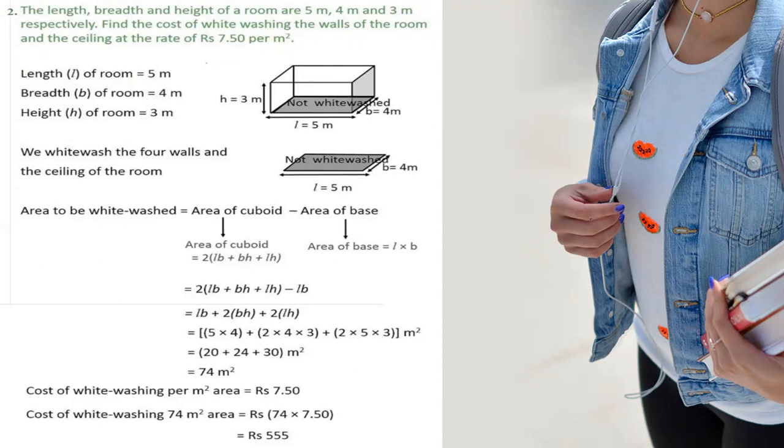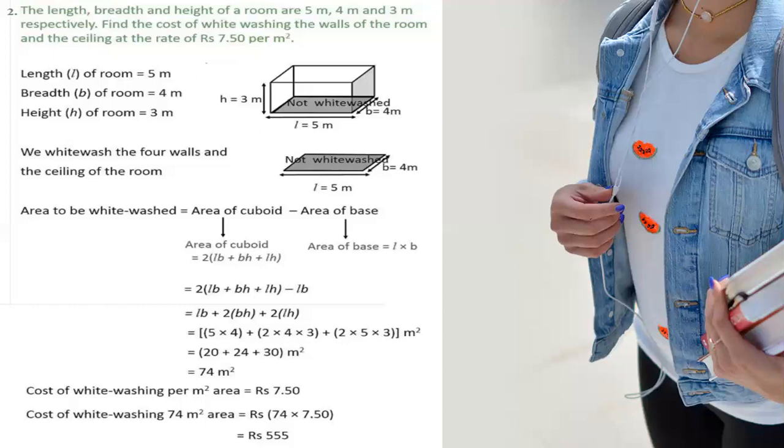Given the length is 5 meters, breadth is 4 meters and height is 3 meters. So we need to whitewash the 4 walls and the ceiling, and no need to whitewash the floor. So the area to be whitewashed is the area of the cuboid minus the area of the floor. That is, the area of the cuboid is 2(LB + BH + LH) and the area of the floor is LB.